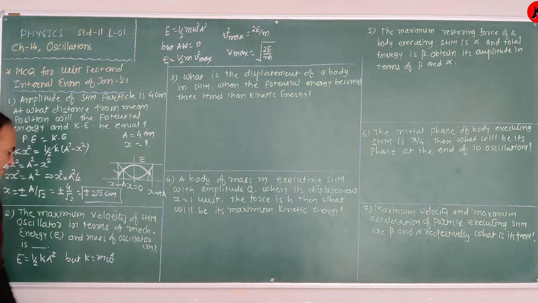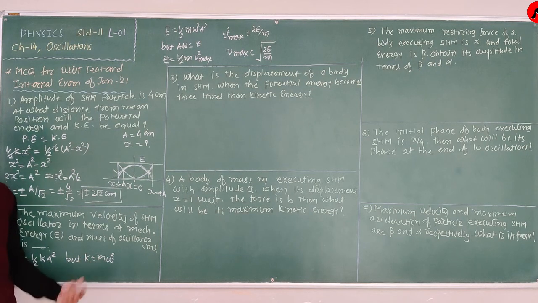Again, we have to obtain the maximum velocity of a simple harmonic oscillator in terms of total energy, the mechanical energy, and the mass. The total energy equation is half k a square, but k is the force constant, k is equal to m omega square.